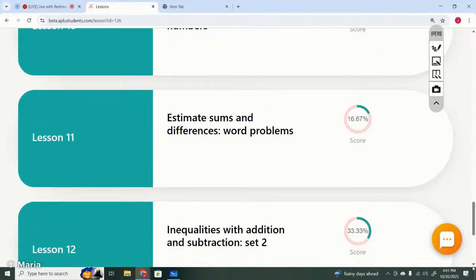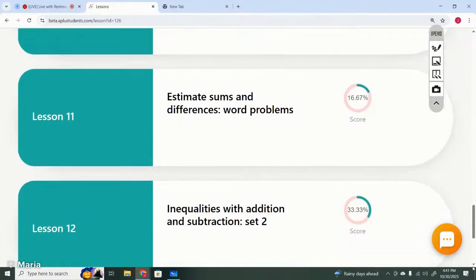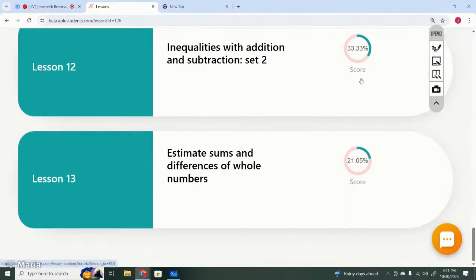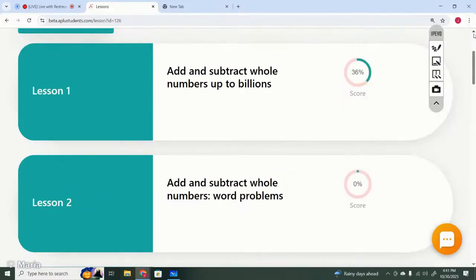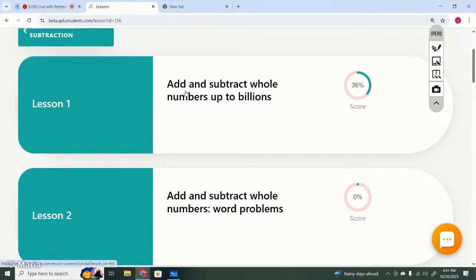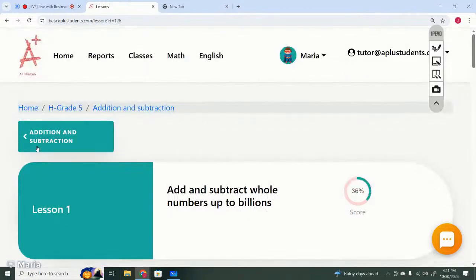The word problems you have to do on your own, and the set 2 also you have to do on your own because they're exactly the same. So please make sure before the next session you complete all the practice questions for the lessons we just did. That is your homework until next session.